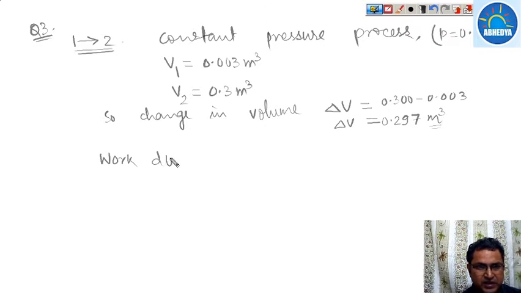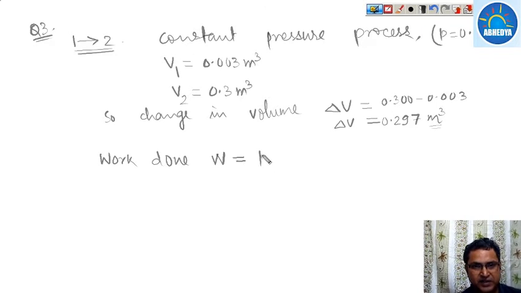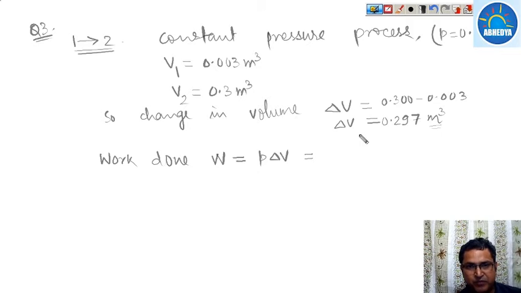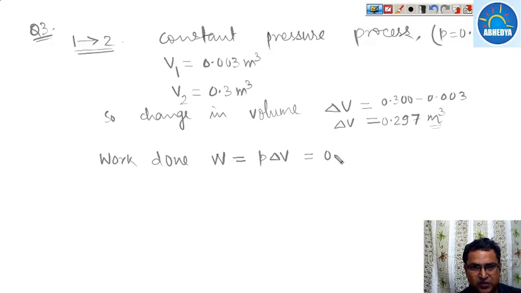So work done, delta W is equal to P delta V. Since the volume has been increased, it is an expansion, so net work done is 0.1 into 10 raised to the power 6 (megapascal to pascal) multiplied by 0.297, this much joule.